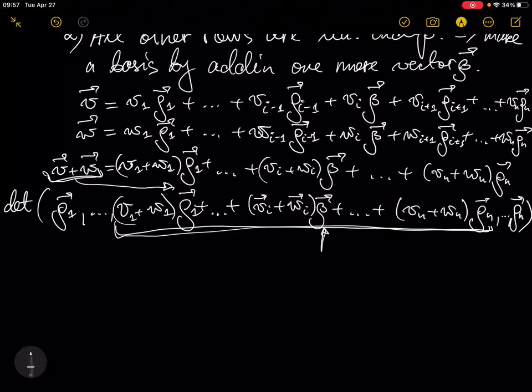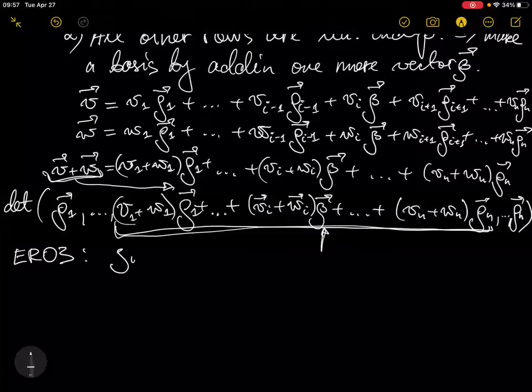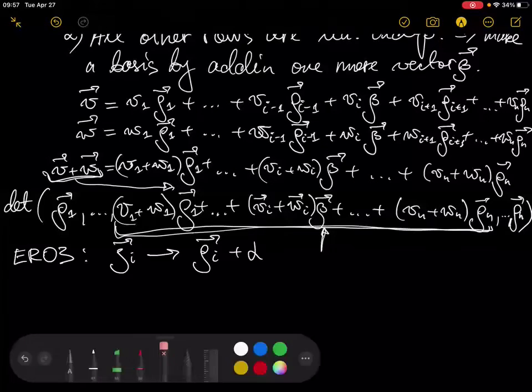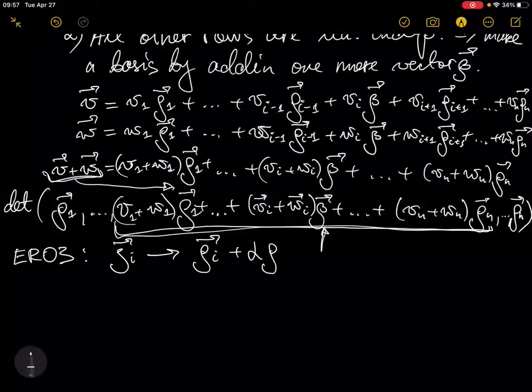So the determinant doesn't change under elementary row operation number 3, which is row i is replaced by row i plus alpha row j, i not equal to j, alpha is any scalar, right?